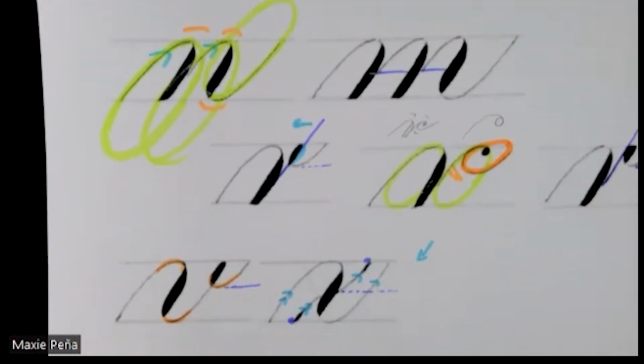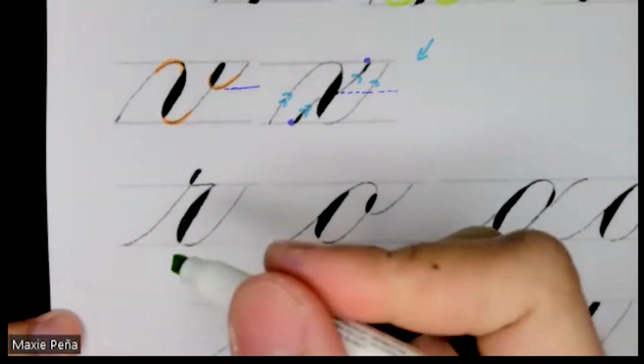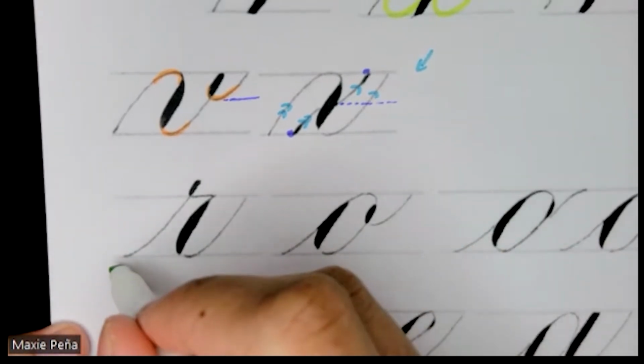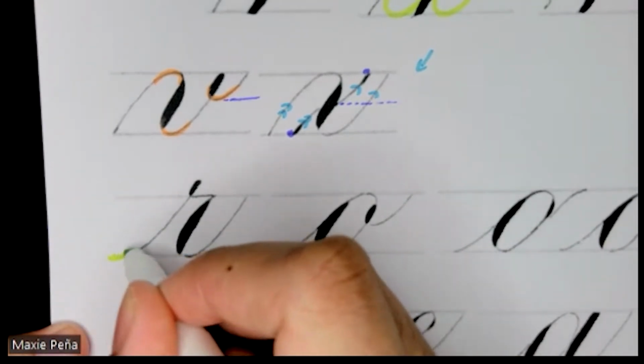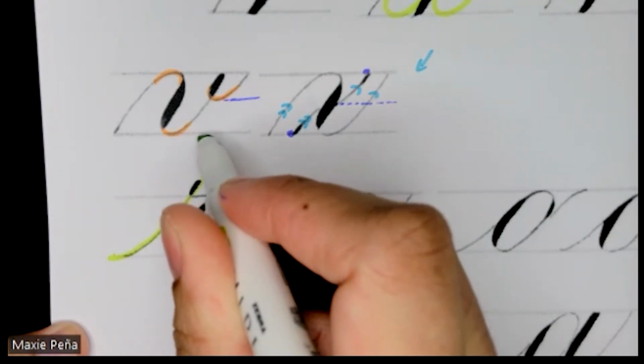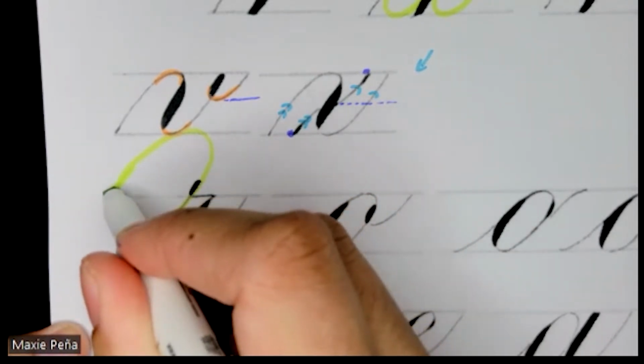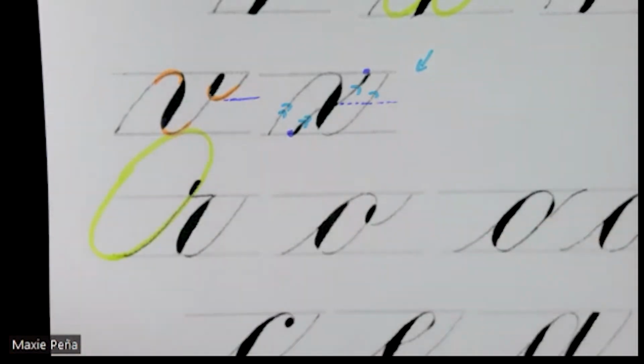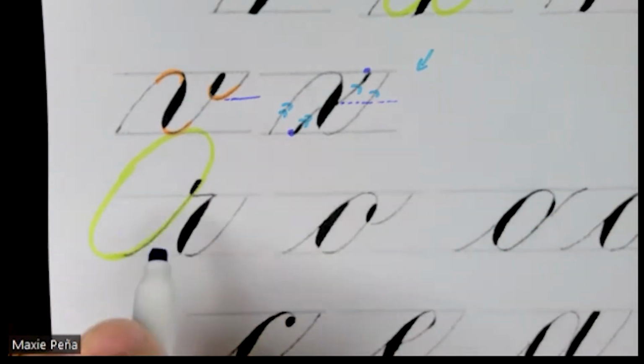Use the same imaginary oval that you've chosen earlier. Maintain that same curvature. But this time, we are going over the header line.